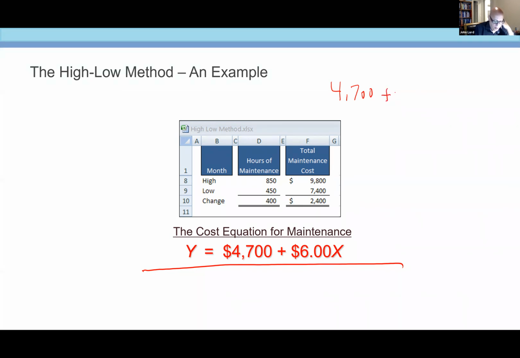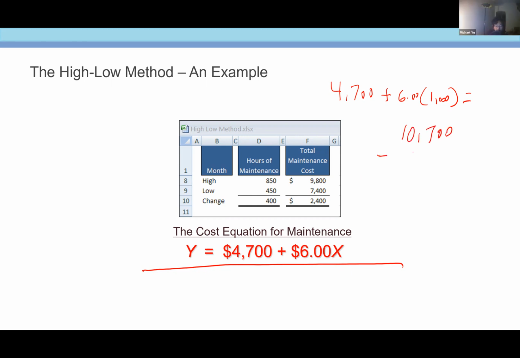Well, I've got my fixed cost, 4,700, and $6 variable cost per unit times 1,000. So what does that give me? 4,700 plus 6,000 is how much? 10,700. Okay, and I want to get my predetermined overhead rate. So what should I do?